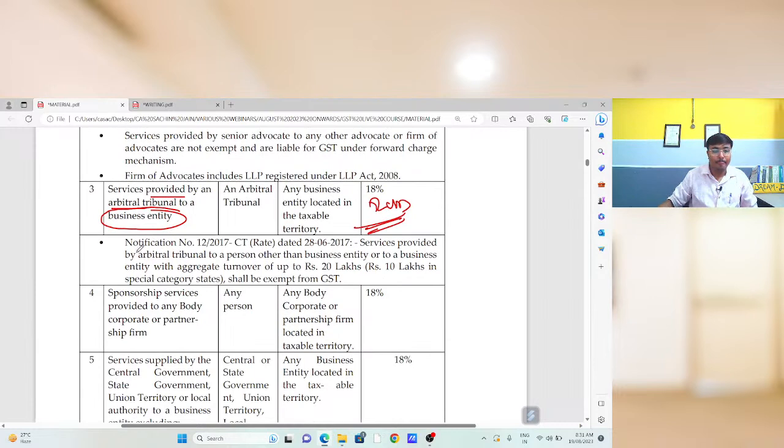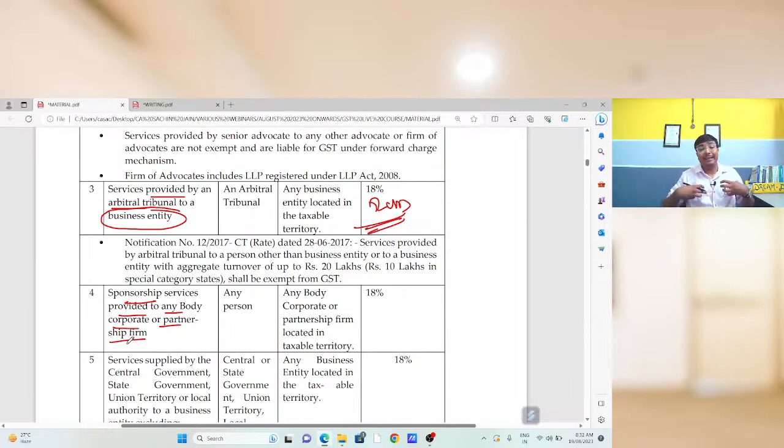Next, sponsorship services provided to any body corporate or partnership firm. If someone is going to provide sponsorship services to any business entity, the provider of those sponsorship services is not liable to make the payment of taxes.